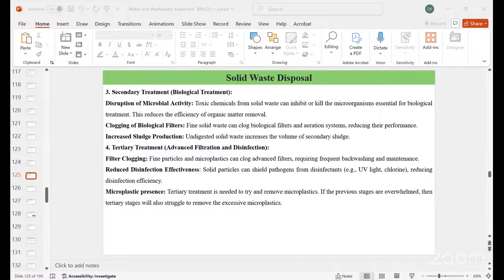This pyrolysis mainly occurs between 300 to 700 degrees centigrade, while the gasification occurs around 800 to 1200 degrees centigrade. The main advantages are that it produces syngas, which is useful for other processes, and bio-oil and char for energy recovery, and it has lower environmental impact compared to direct incineration, and reduces landfill dependency as well.